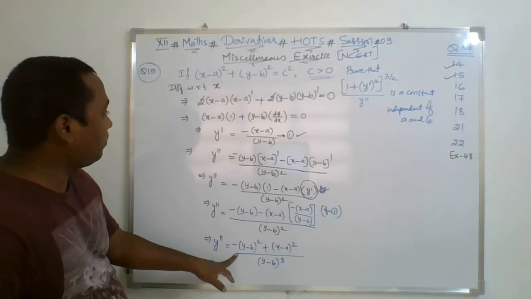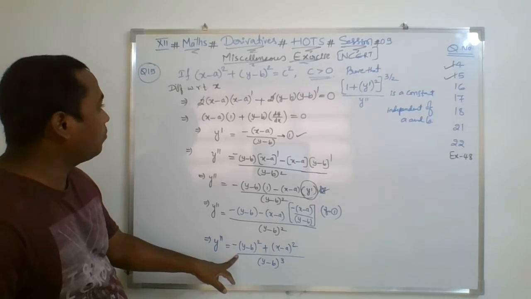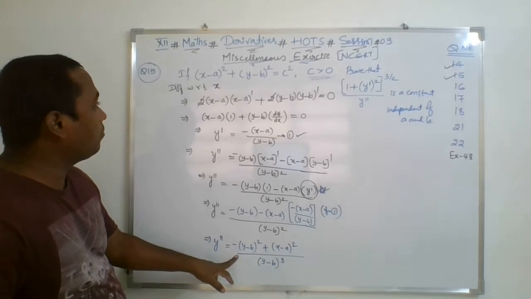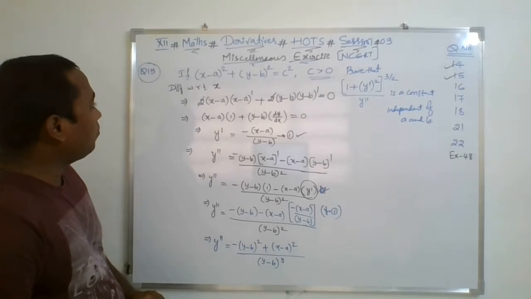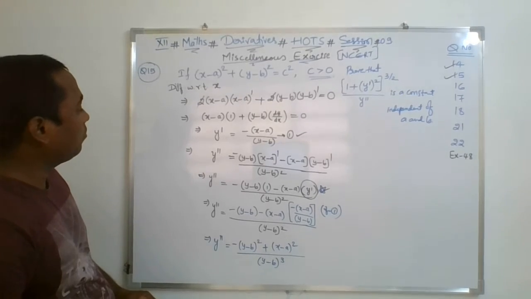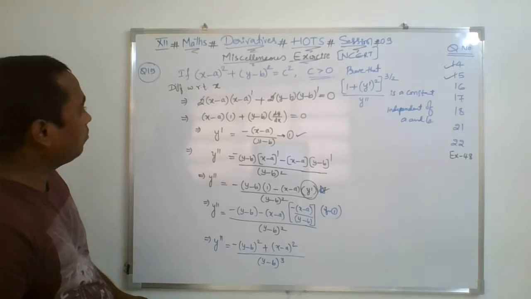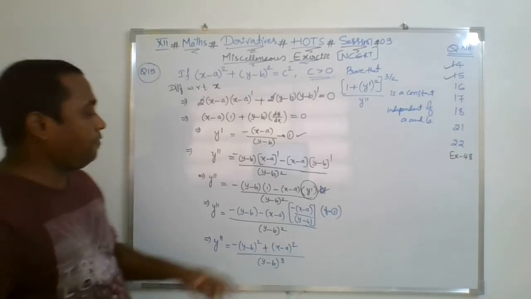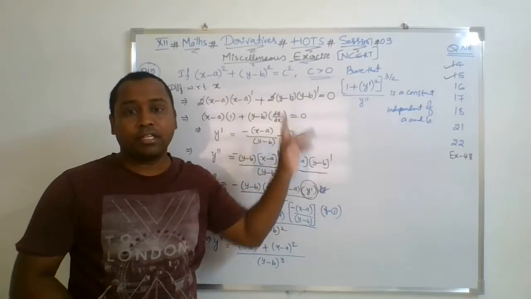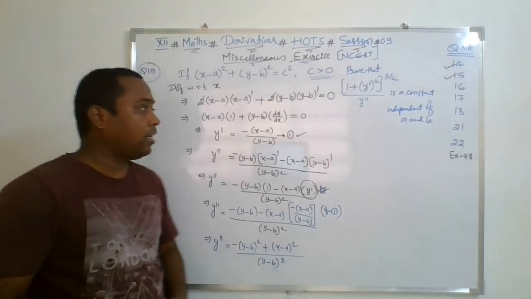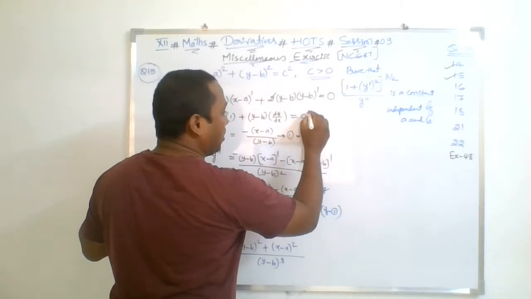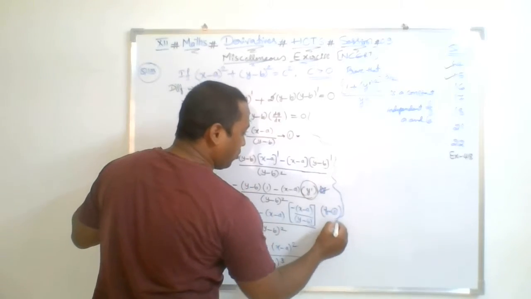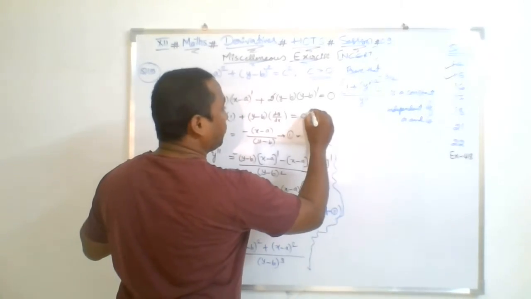Something has to be done. If we are not able to get the answer, I need to correct somewhere else. Let's first cross check ourselves whether it is simplifiable or not. Otherwise, is there any change in the question?